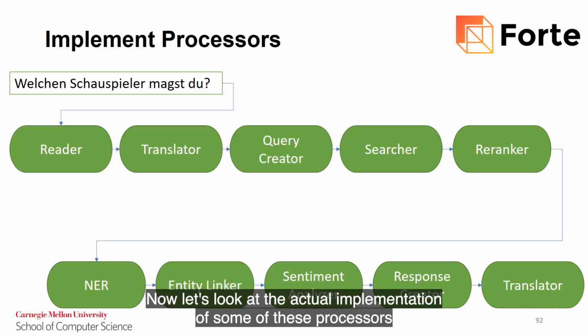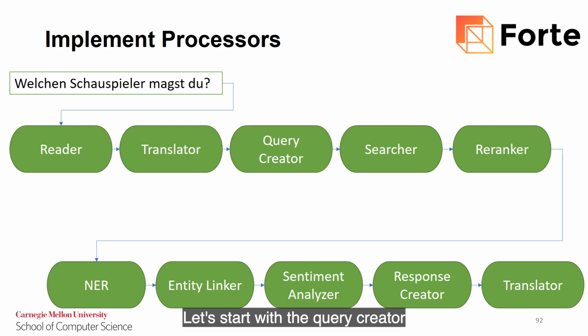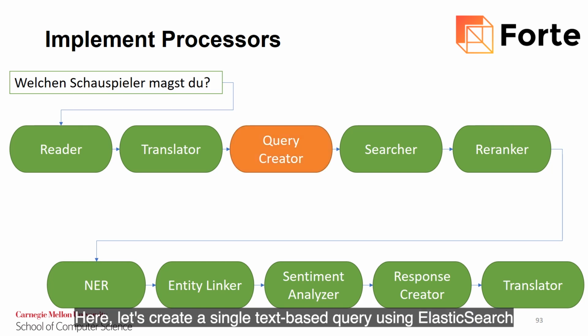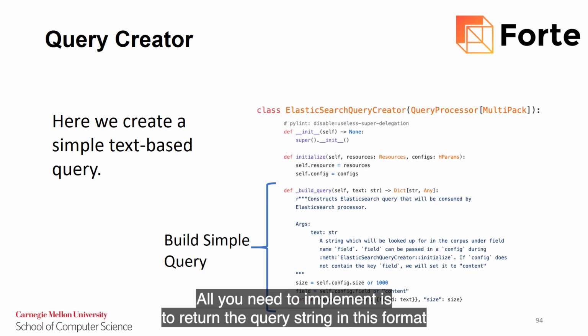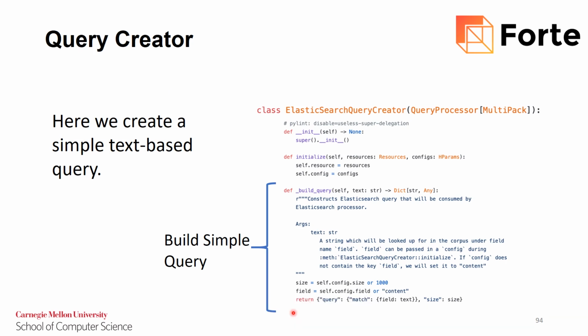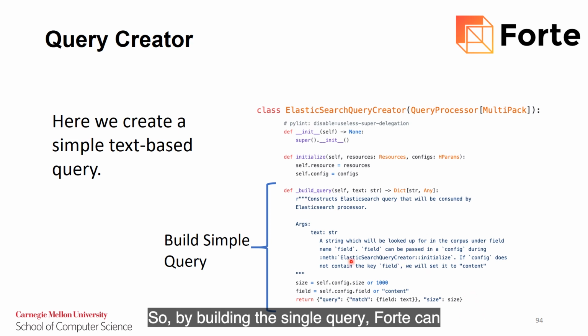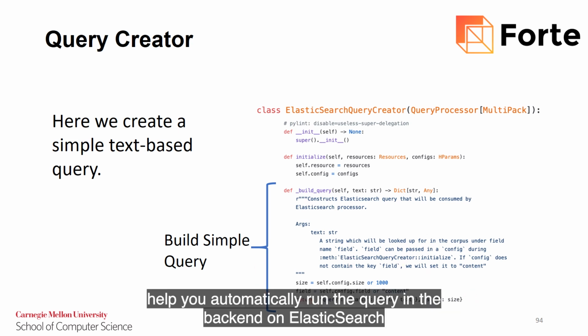Now let's look at the actual implementation of some of these processors. Let's start with the query creator. Here, let's create a simple text-based query using Elasticsearch. All you need to implement is to return a query string in this format. So by building the simple query, Forte can help you automatically run the query in the backend on Elasticsearch.